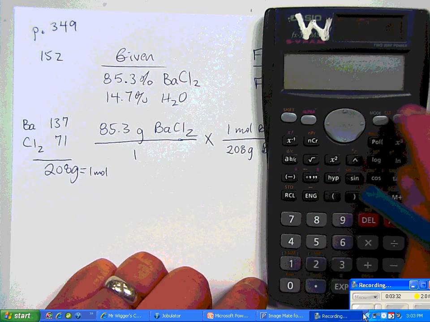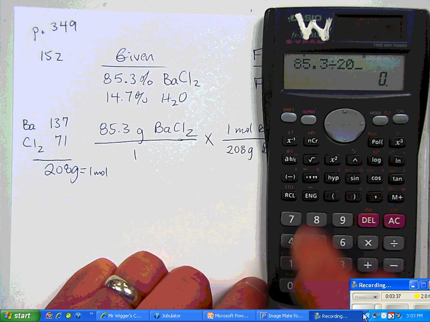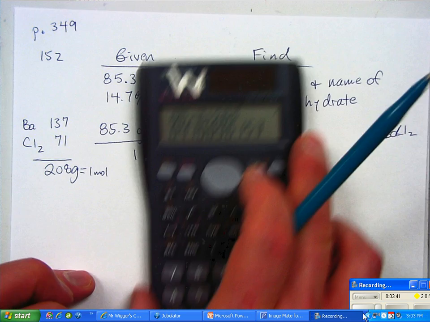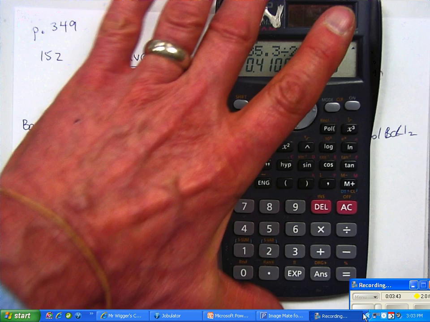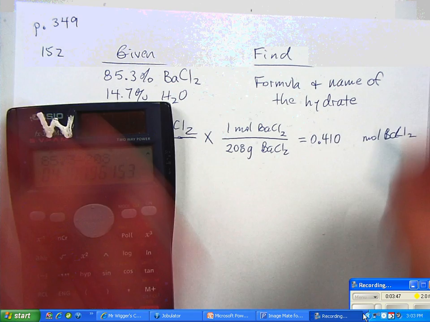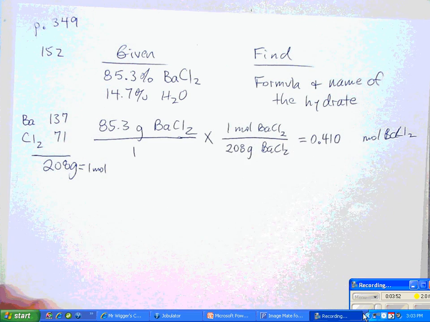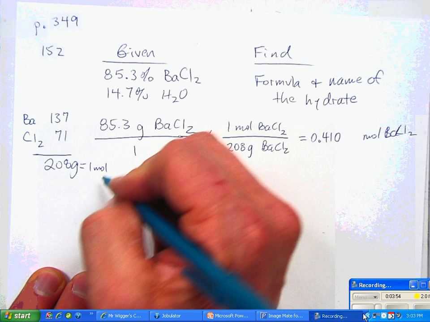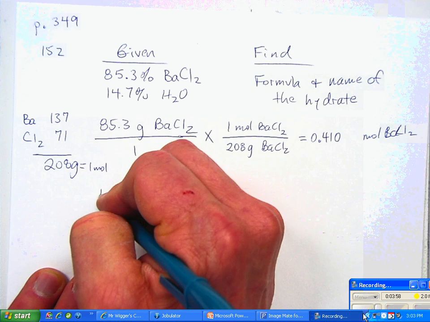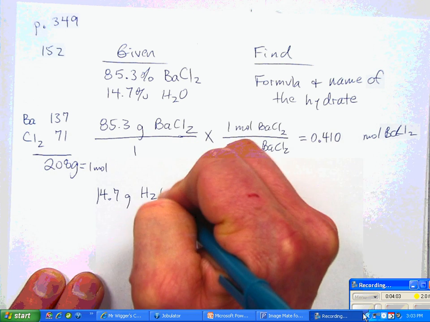So we take our 85.3 and divide by 208, and that gives us 0.410. Everybody okay with that number? Okay. 0.410. So that's the 3 sig figs. No reason why we can't do 3 sig figs here. Okay, now the next one is going to be our grams of water, which is 14.7 grams of H2O.